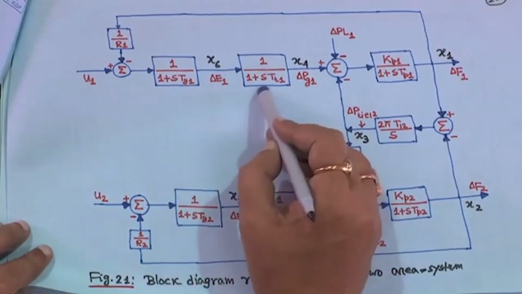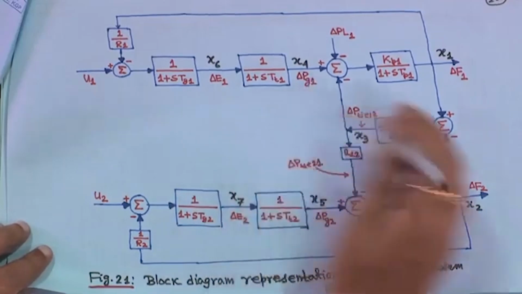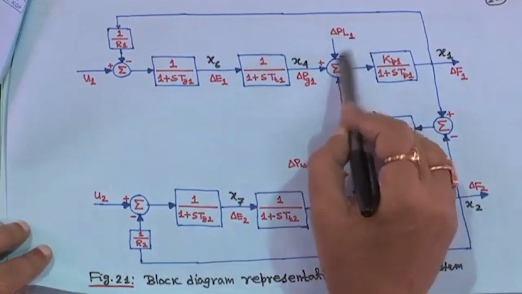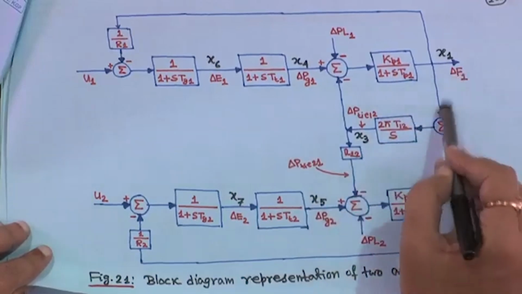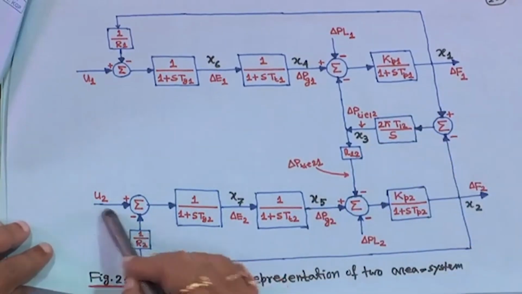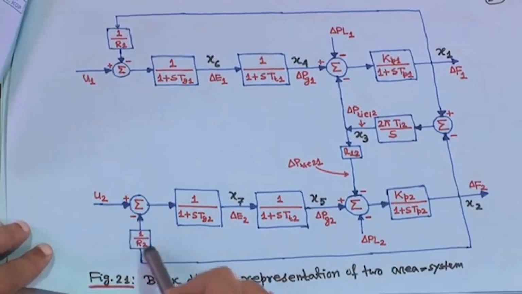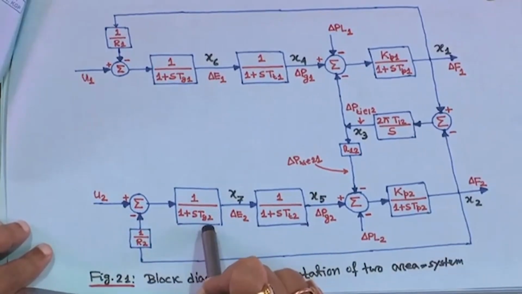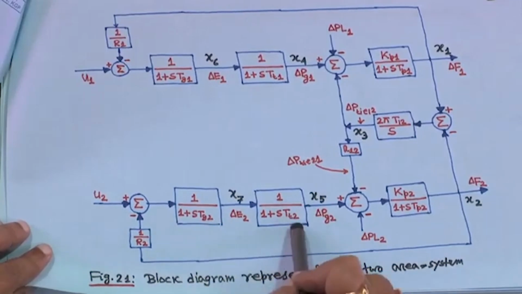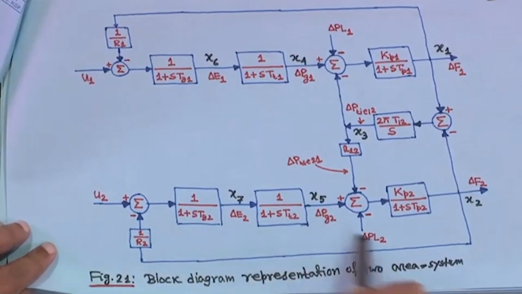And this is 1 upon 1 plus S TT1, this is delta Pg1, and this is disturbance 1, this is Kp1 upon 1 plus S Tp1, this is delta F1. Similarly, here it is U2 the control signal, this is delta F2, it is 1 upon R2, 1 upon 1 plus S TG2, 1 upon 1 plus S TT2, this is delta Pg2, this is disturbance minus delta P2.